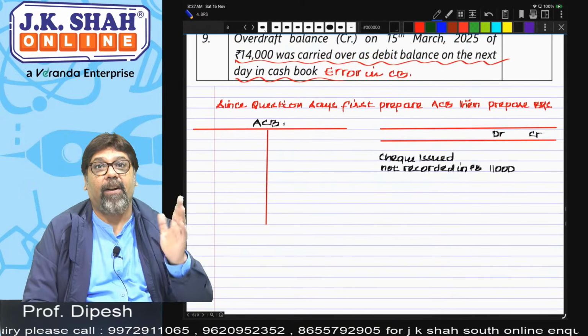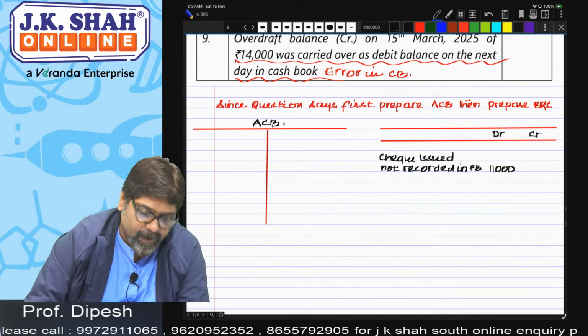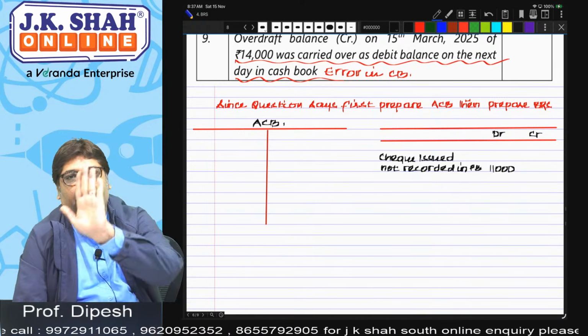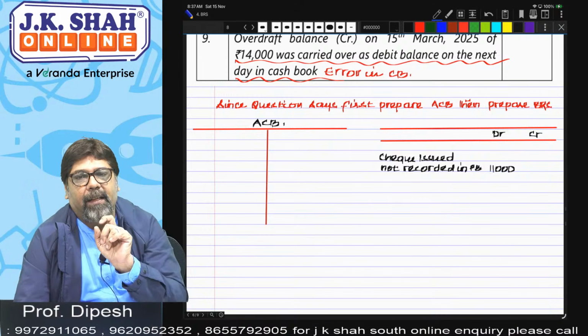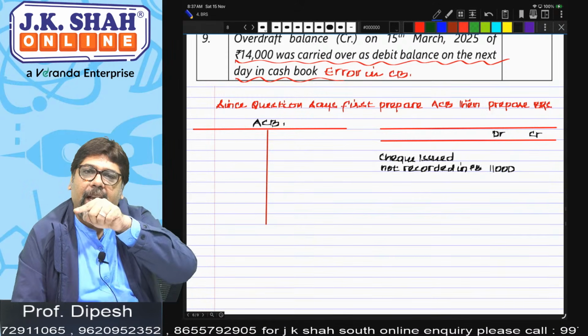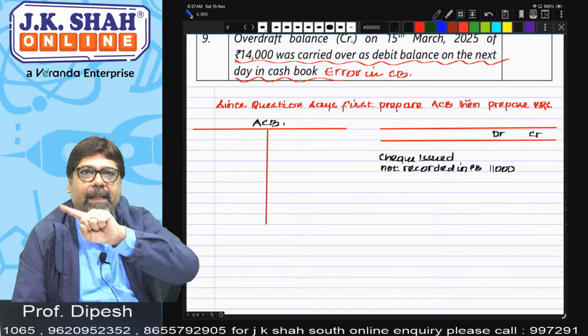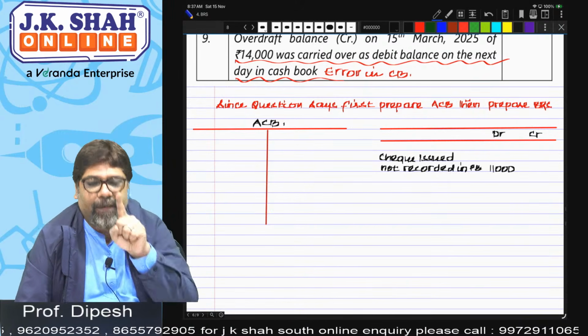They had recorded on the debit side of the cash book, checks collected, but they had not sent them to the bank. So that is an error in the cash book. Why did they write it on the debit side when they have not sent it to the bank? It has to be recorded on the credit side.